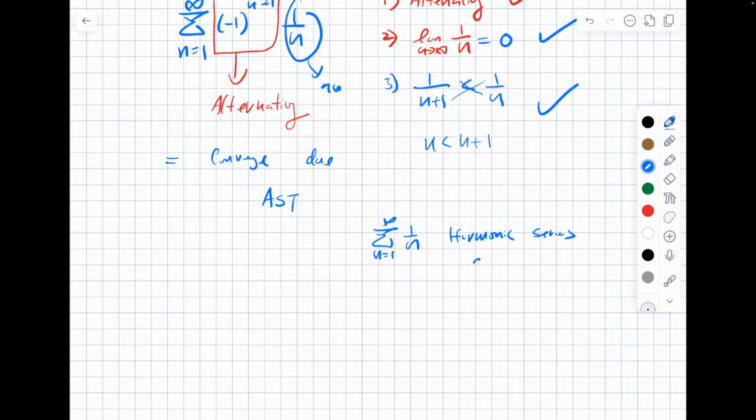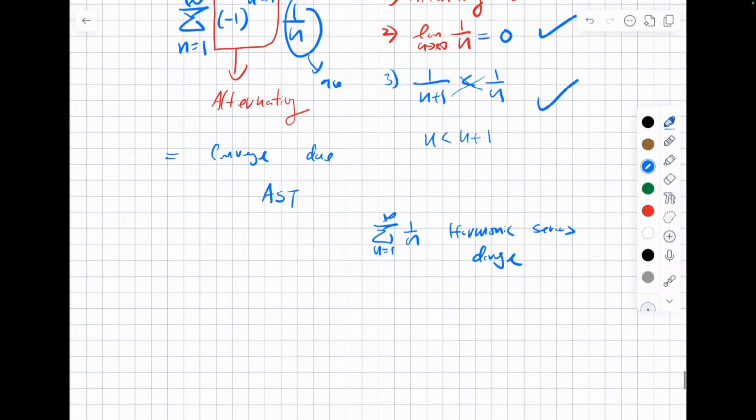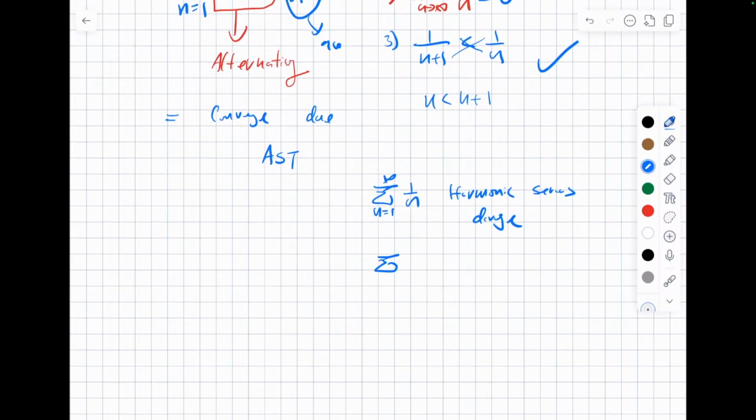The harmonic series diverges, but the alternating harmonic series converges. So next time you see the alternating harmonic series, it automatically converges.